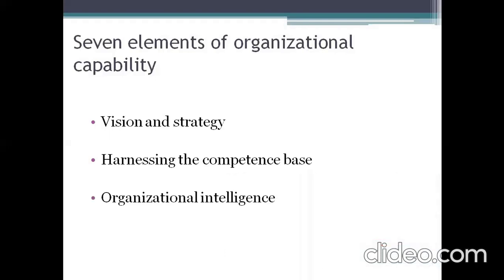The next one is organizational intelligence. Organizational intelligence is nothing but that each and every individual who is associated by any means with the company has to be understood and communicated with the objective.